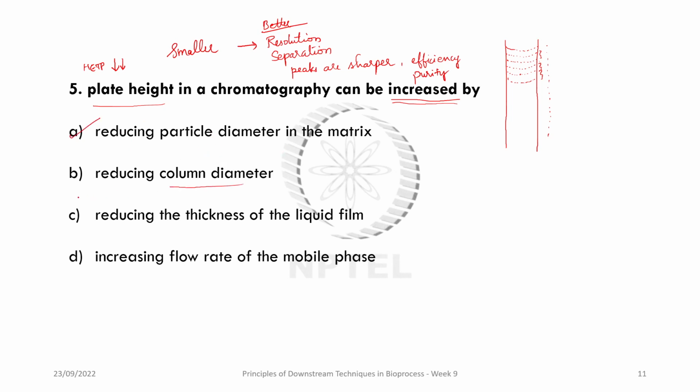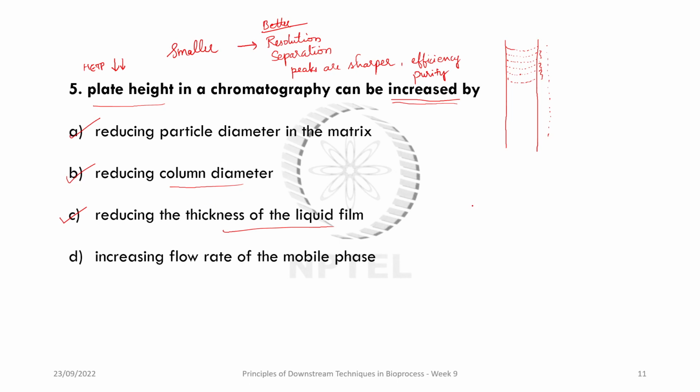Again, column diameter reduction is another way of reducing the plate height. Reducing thickness of liquid film. Please note that everywhere we are trying to improve the mass transfer. Correct?